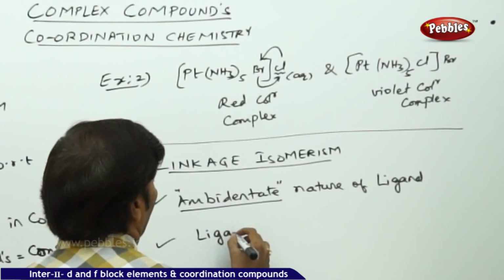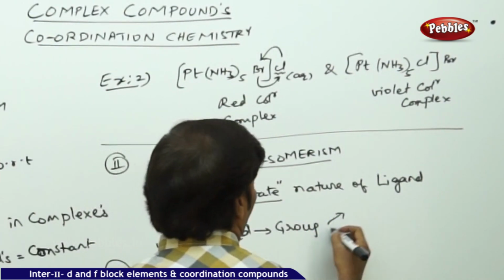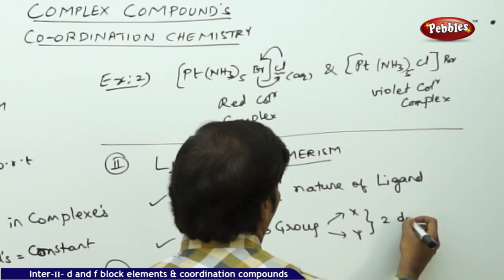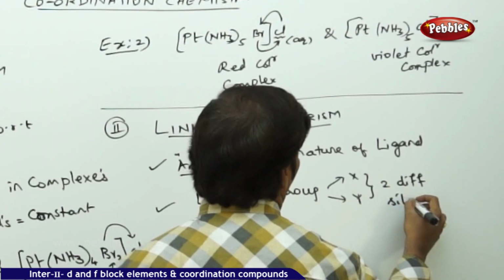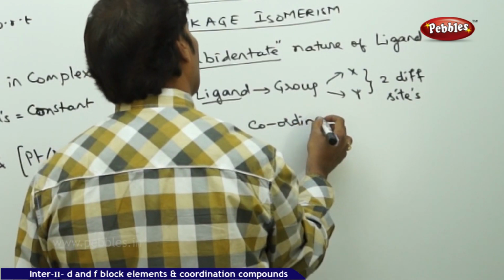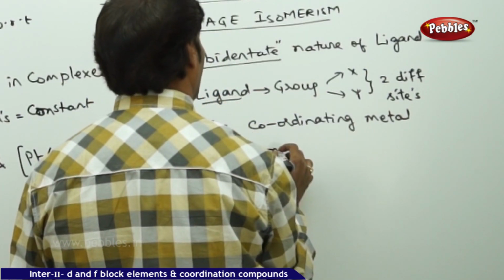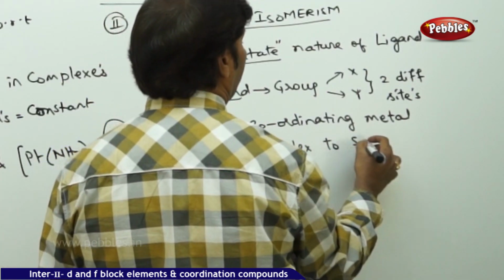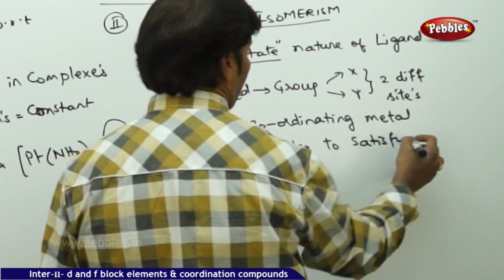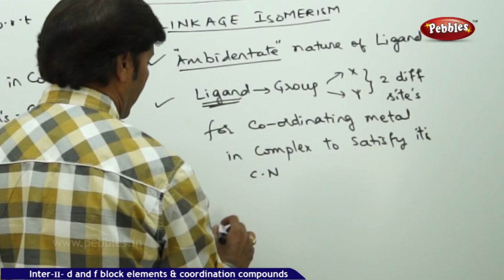If there is a ligand and it contains a group, that group contains 2 different sites, X and Y. X and Y are the 2 different sites for coordinating with the metal in the complex to satisfy its coordination number. This is the ambidentate nature of the ligand.